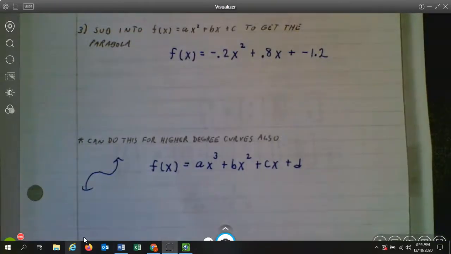So the bigger the curve, the more information they would have to give you, and the bigger the system of equations would be that you would be solving. And then, of course, we would want to do that with matrices within our calculator and not by hand. But that's it for 7.3.